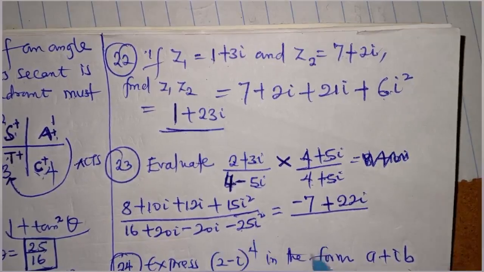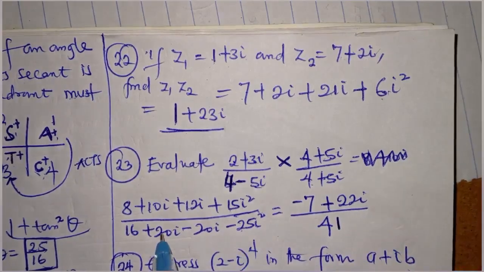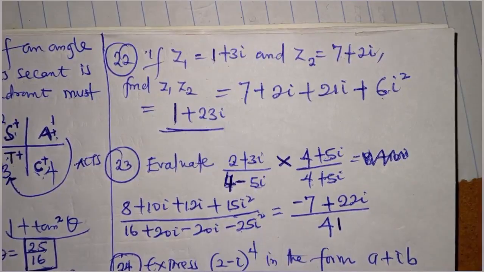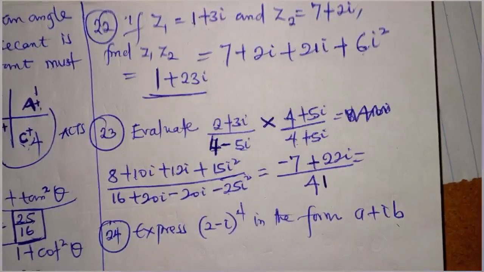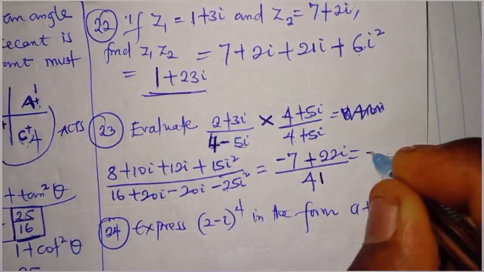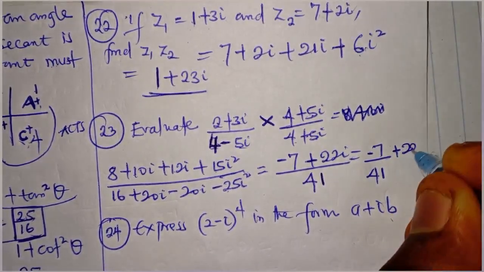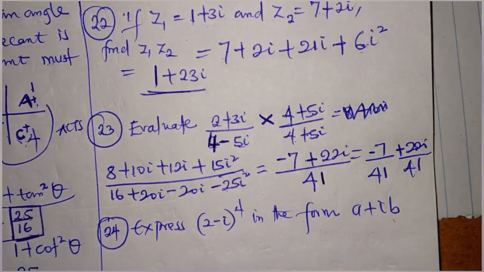So 16 plus 25 is 41. Because 20i minus 20i is 0. So we are left with 41. So we can write this as minus 7 over 41 plus 22i all over 41.